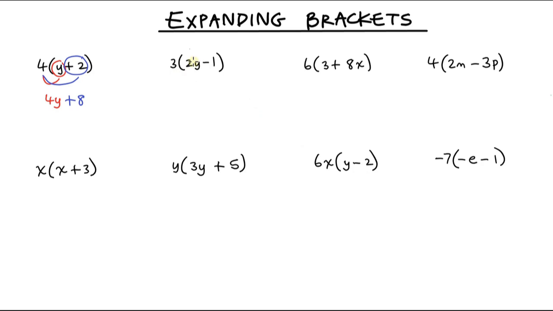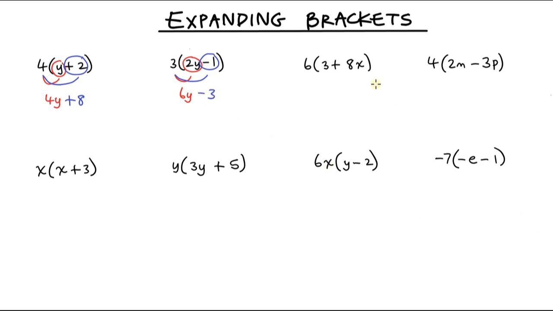And then secondly, we're going to multiply the 3 by the 2y, and then we're going to multiply the 3 by the negative 1. So 3 times 2y will be 6y. And then 3 times negative 1 is negative 3.